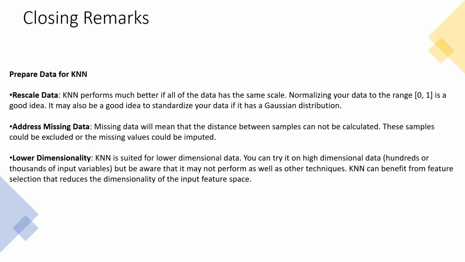So we need to rescale the data in order to prepare for the classification problem. We need to address missing data. And since the curse of dimensionality affects KNN too much, we need to lower dimensions if it is possible. And we will see how we can lower the dimensions in the next lecture.